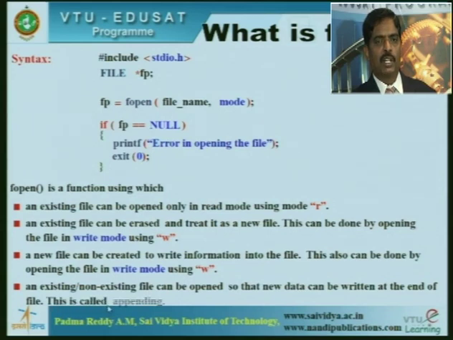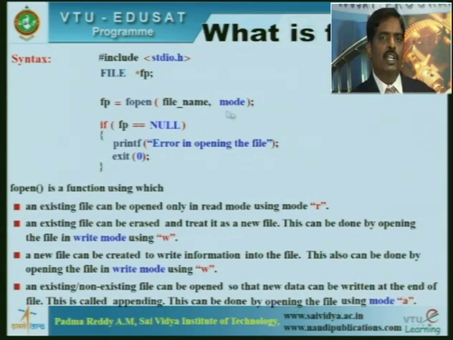This is called appending, and this can be done by opening the file using the mode A. So if I write R within the double quotes, we are opening the file in read mode. If I write W here, we are going to create a new file. If I write A here, we may append into the existing file, at the end of the file.